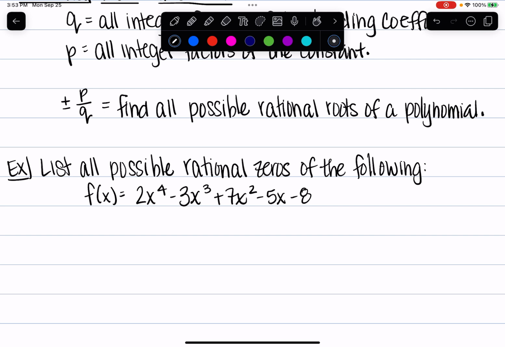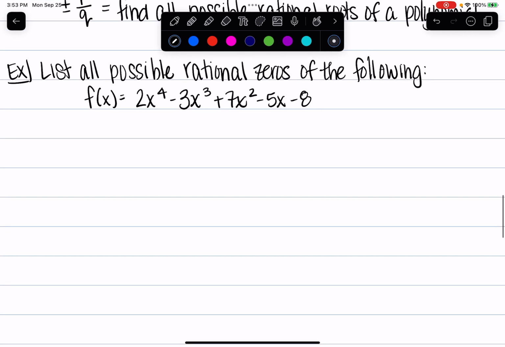Okay, so with that, I am going to say, okay, P is 8, and I'm not going to worry about the sign because we will deal with that later. And Q is just the leading coefficient, so that is 2.